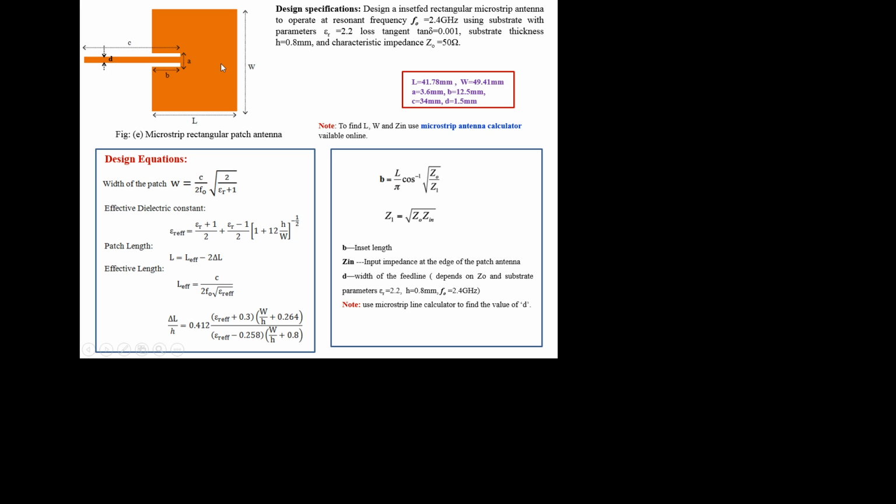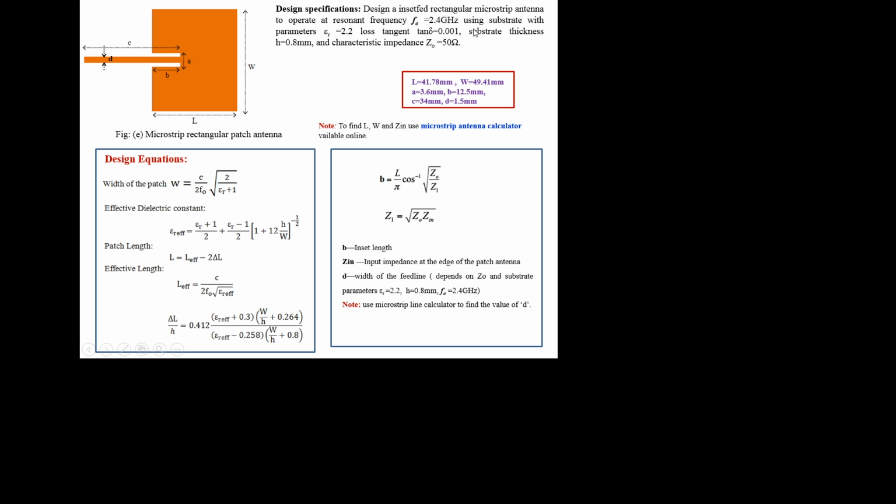So what is required is that you should design the antenna so that it radiates at 2.4 gigahertz. That means it should give maximum radiation at 2.4 gigahertz, and it should be constructed using this substrate. The problem will be specified like this.